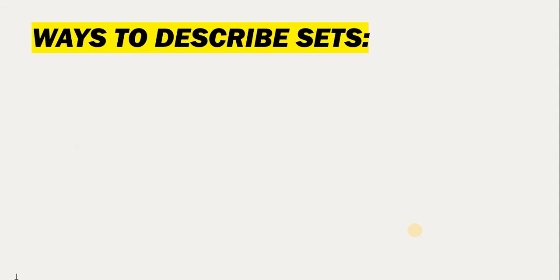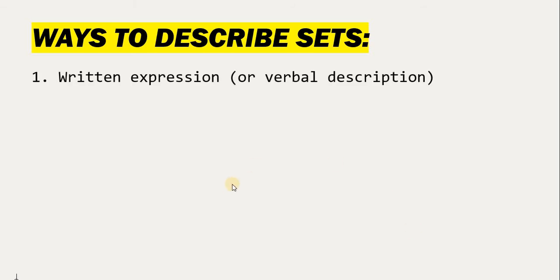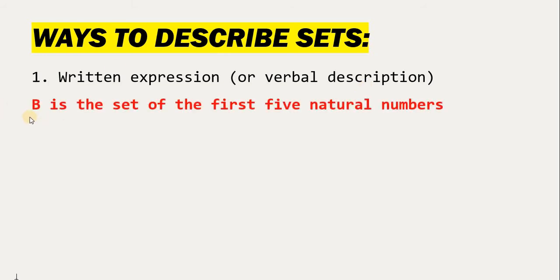Now, we have three ways to describe sets. The first one is the written expression or the verbal description. For example, B is the set of the first 5 natural numbers. Ayan. So, written expression lang siya or verbal description. Okay? So, well-defined siya, diba?